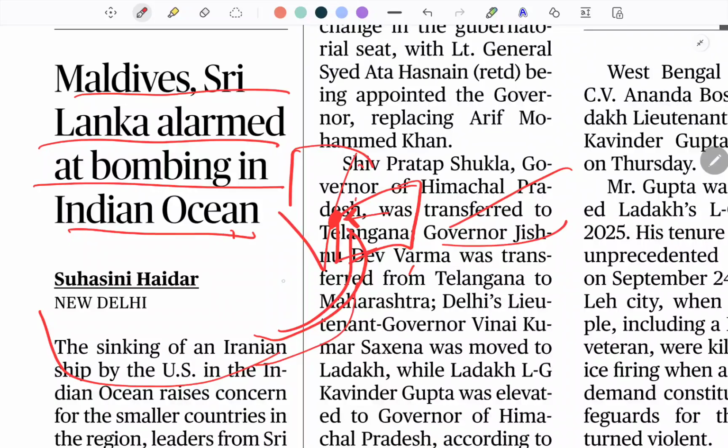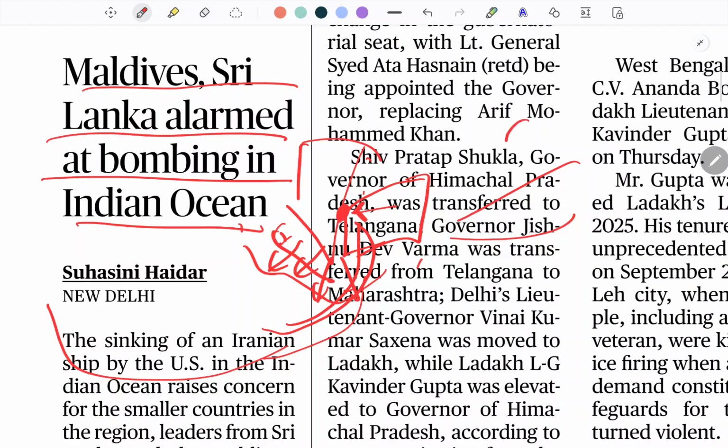As per international law, a country first has its own waters in an ocean. This is the country's waters.